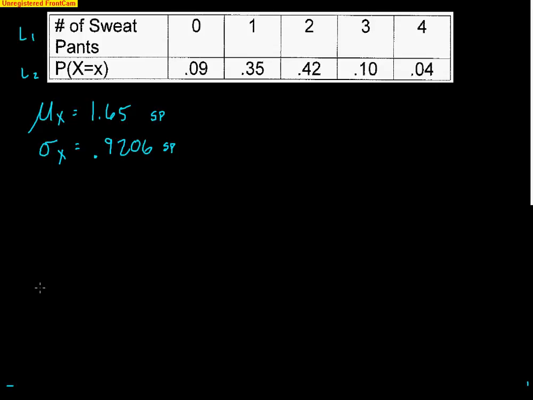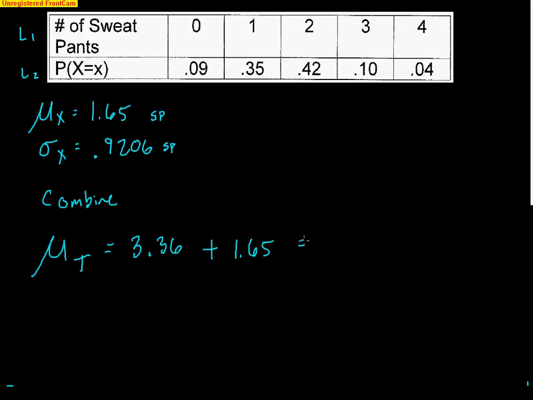Okay, so now let's just say that I want to combine two random variables, right? So now we're going to talk about combining. I want to know how many total t-shirts and sweatpants I expect to sell. Well, I expect to sell 3.36 t-shirts plus 1.65 sweatpants.